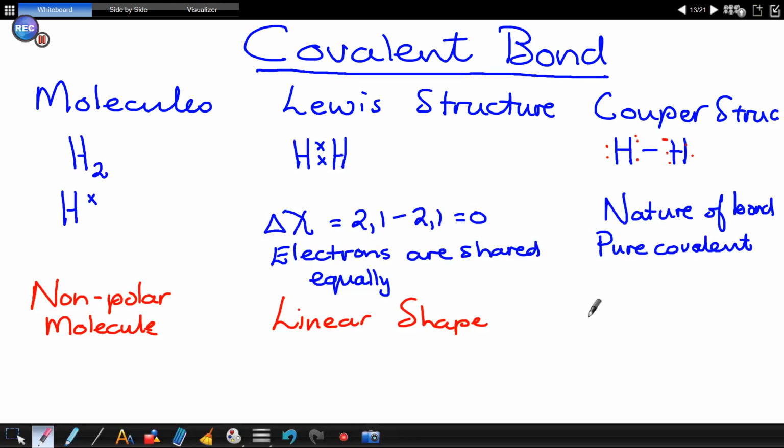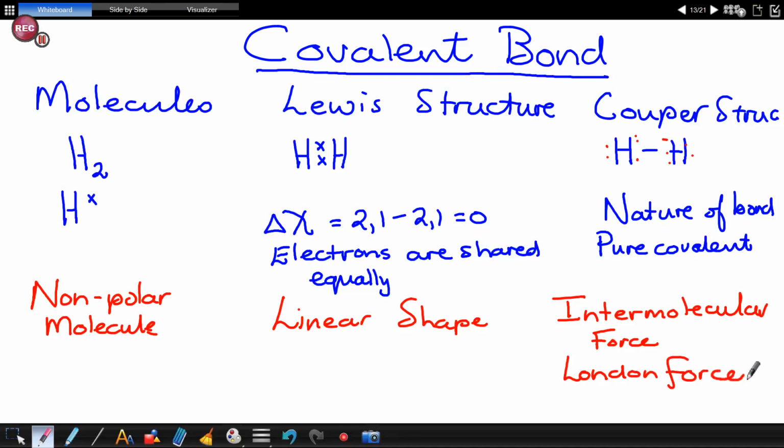The intermolecular force is called London forces. Why is it London? That topic will be discussed in the next lesson.